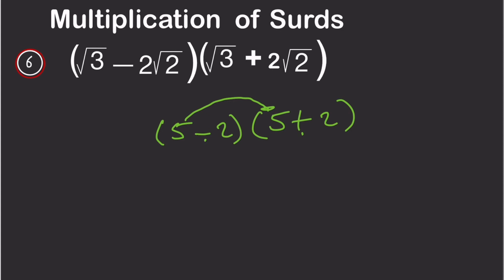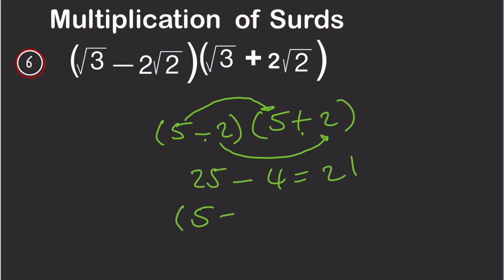Look here, 5 times 5 will give us 25. And this is minus, and a minus times a plus is a minus, 2 times 2 is 4. This is the same as 21. Now look here, if I do it normally, it will still give me 21.